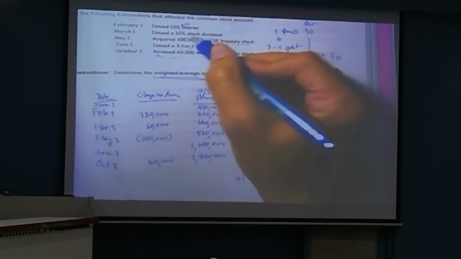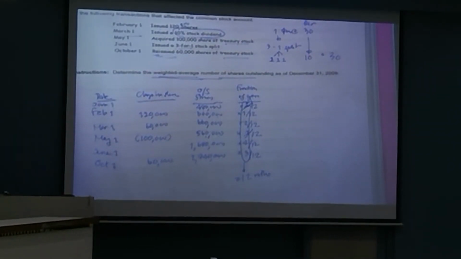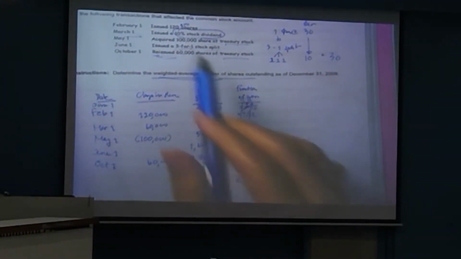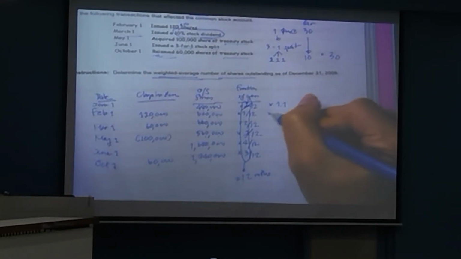Alright? And if you take a look, we do have a 10% stock dividend. By a 10% stock dividend, what is that supposed to mean? We need to pretend this 10% happened from the beginning of the year. So that's why I multiply by 1.1 and 1.1.